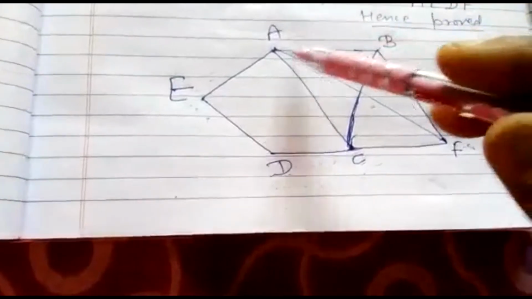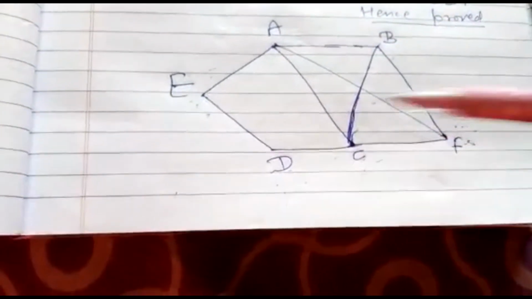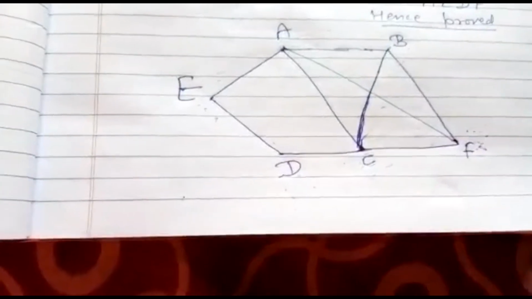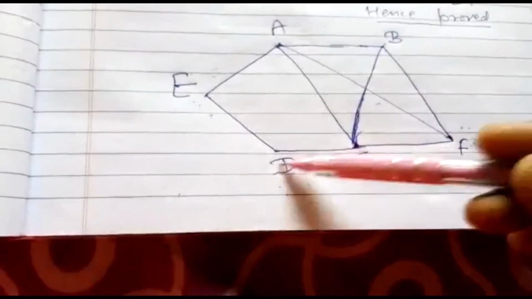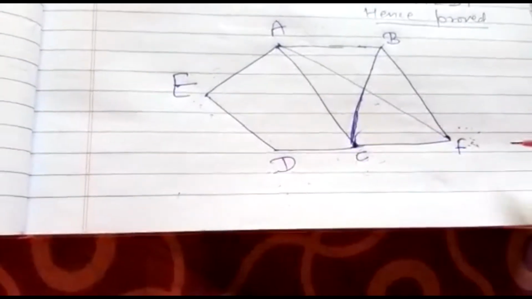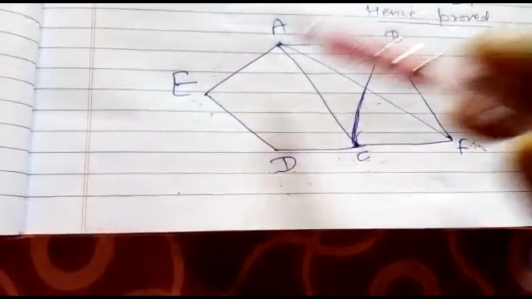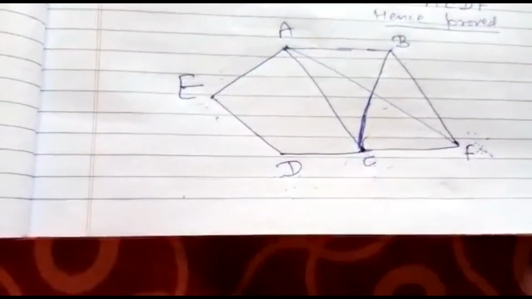We can write it as AEDCF also, but if we write DCF as DF, there is no problem. C is a point in between DF, so we can write AEDCF or AEDF.